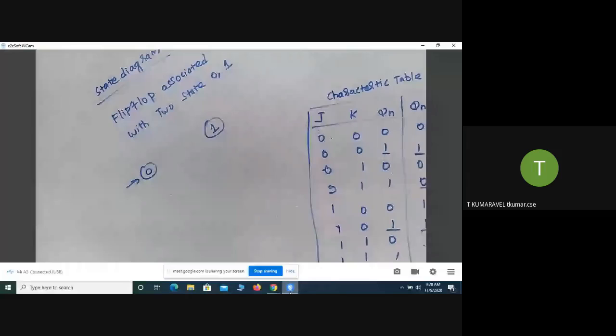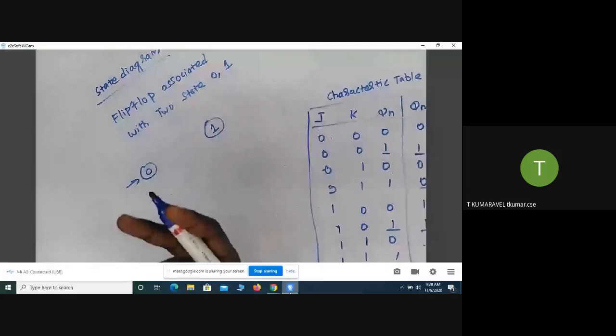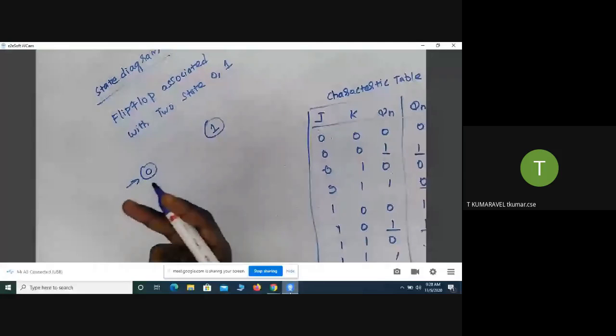So how to draw the state diagram? In order to draw the state diagram, you need the characteristics table. Any flip flop is associated with two outputs, namely 1 and 0.